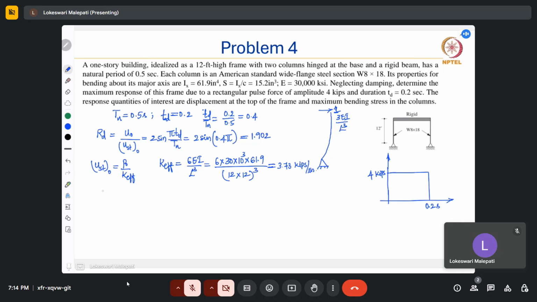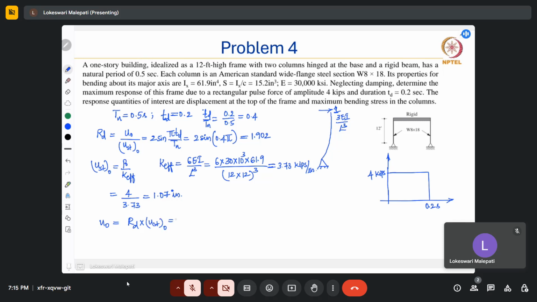So that means UST0 would be P naught, which is given as 4 kips, divided by 3.73. So that is 1.07 inches. The maximum dynamic deformation, the displacement at the top of the frame U0, would be RD times UST0.